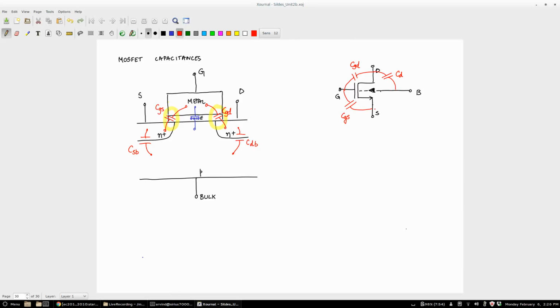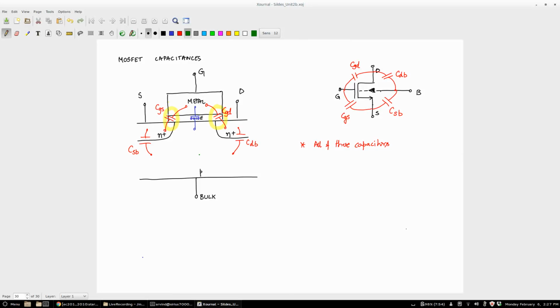I have a capacitance going back to here, this capacitance is CGS. Let me draw the bulk a little. What other capacitors do I have? I have a capacitance from drain to bulk, CDB, and a capacitor from bulk to source, CSB.